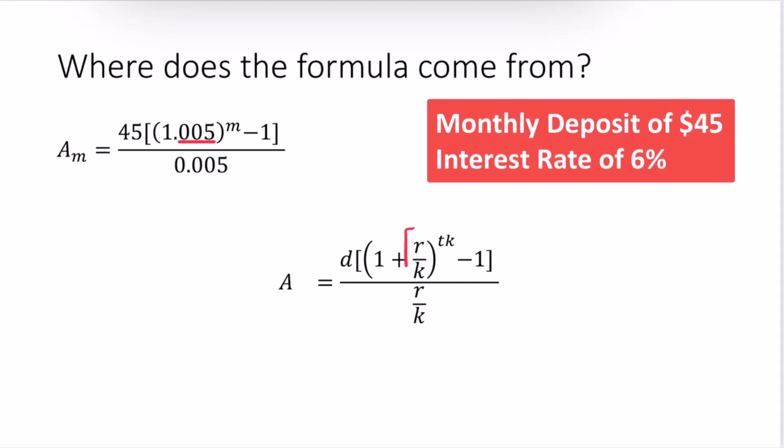And in general, we could replace that with our interest rate divided by the compounding period. Same thing with this 0.005. We could also replace that with this fraction. And then the 45 was our monthly deposit, and so we could replace that with a variable D, and that would end up giving us our savings annuities formula. So that's where the formula comes from.